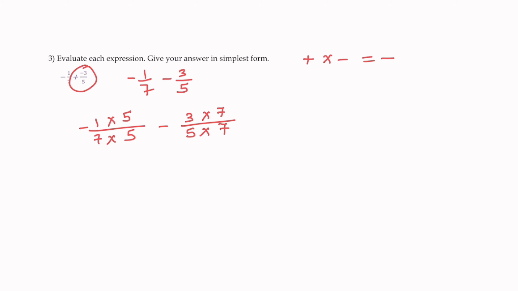You just have to choose the denominator of the other fraction, which leaves us with minus 5 over 35 and minus 21 over 35. Do you see we have already equalized the denominators? Now both are negative fractions, and when we have both negative numbers, we add them. So that gives us 26, put a negative sign, and the denominator as it is.